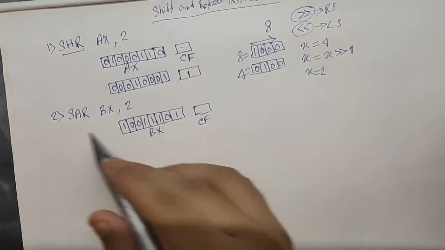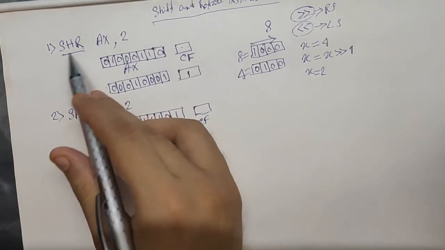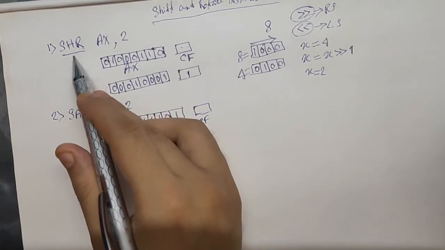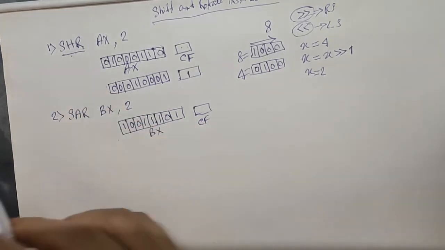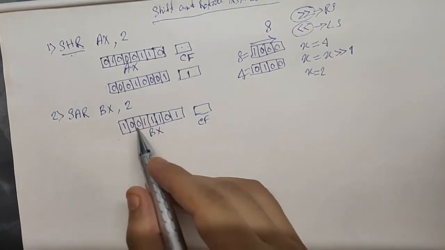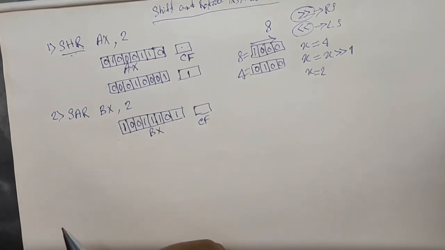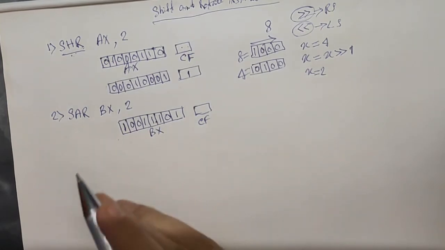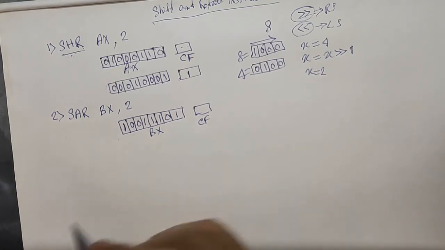But remember, this is arithmetic shift, and what I performed earlier is logical shift. What is the difference between them? Logical shift is performed on unsigned numbers, and arithmetic shift is performed on signed numbers. So what you can see here is that this is a 1, so this is a negative number. When we want to shift this, we need to do the sign extension.